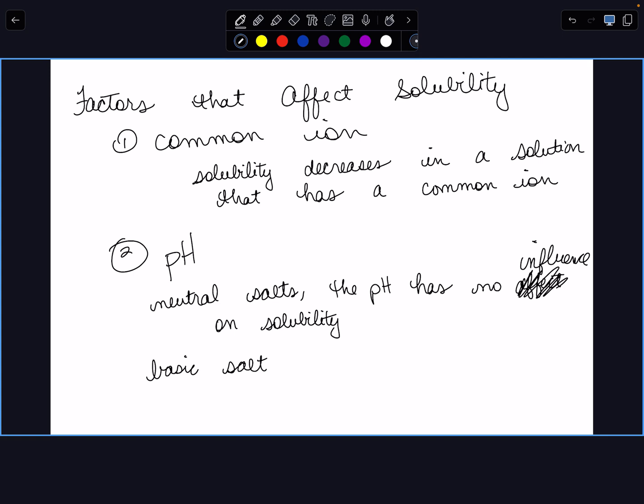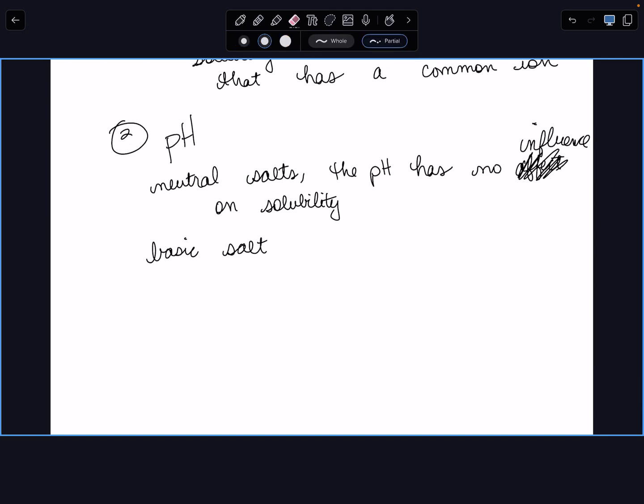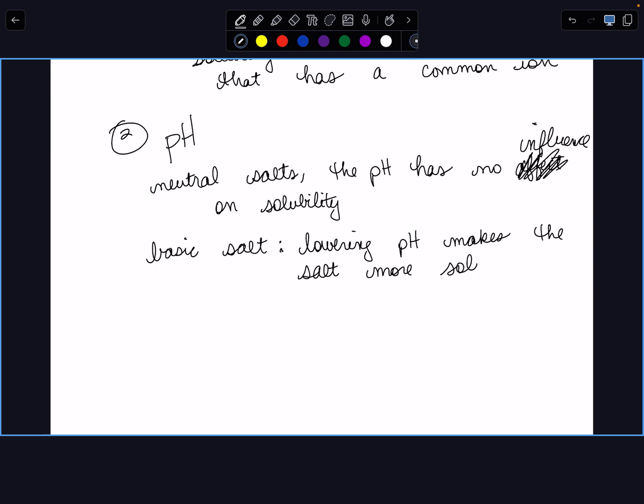If the salt is basic and you make the pH go up, then it's going to be less soluble. Do you see? But how I do it is I always remember a basic salt: lowering the pH makes the salt more soluble. And if you just know that, then you know that raising the pH makes the salt less soluble.